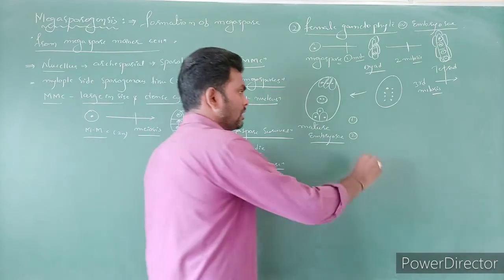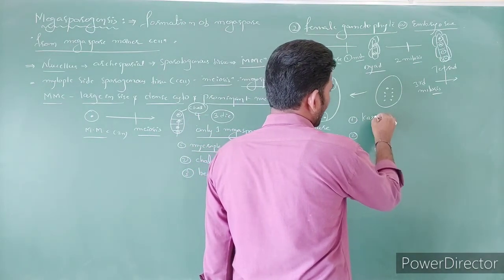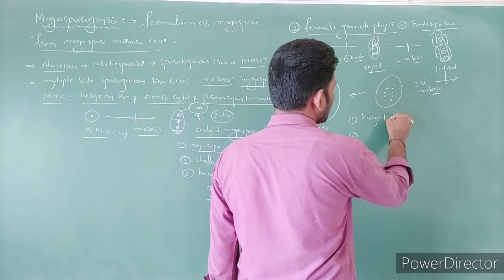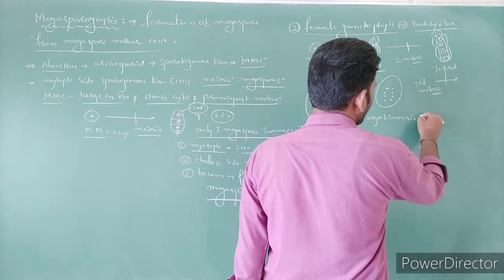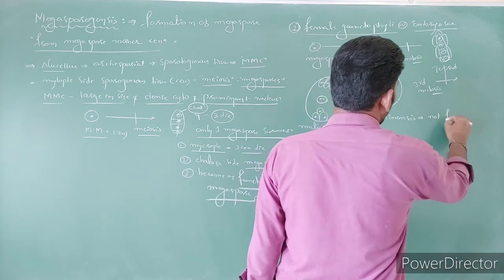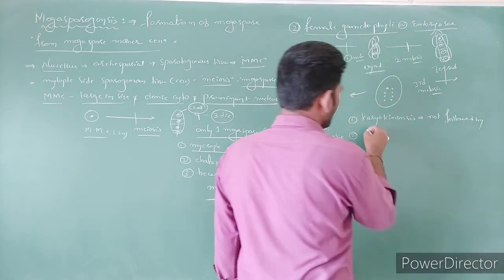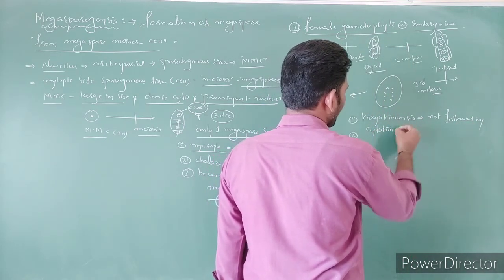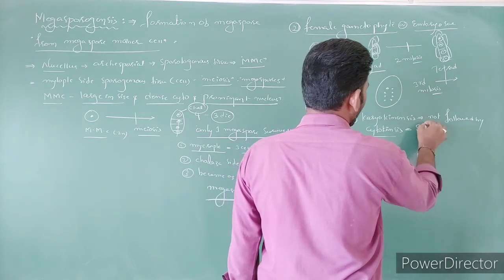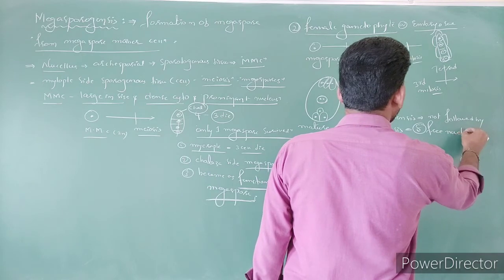Right? Here, after karyokinesis, which is not immediately followed by cytokinesis, what happened? 8 free nuclei are formed.